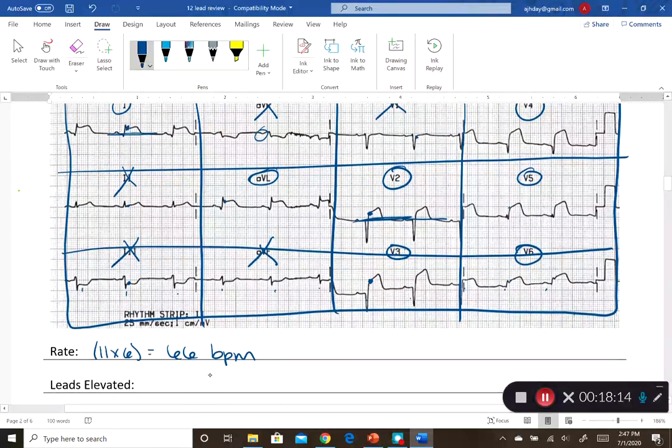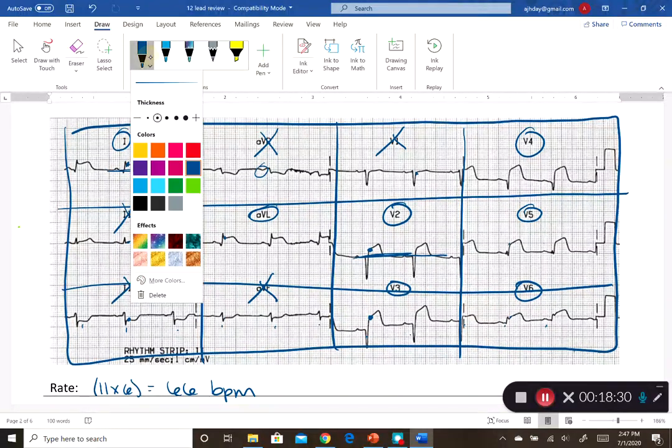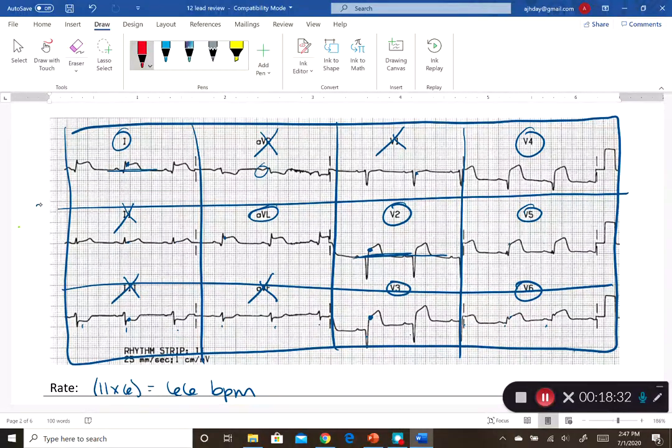Leads elevated. We're just going to write down all the ones I circled. So we have lead 1, AVL, V2, V3, V4, V5, and V6. So a lot of elevation going along here. Let's go ahead and label which walls these represent.